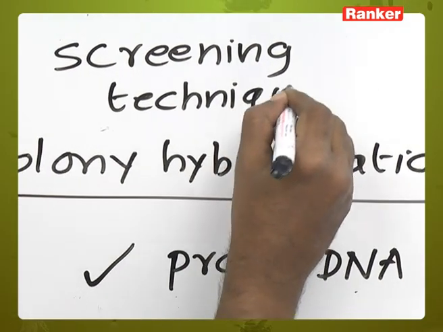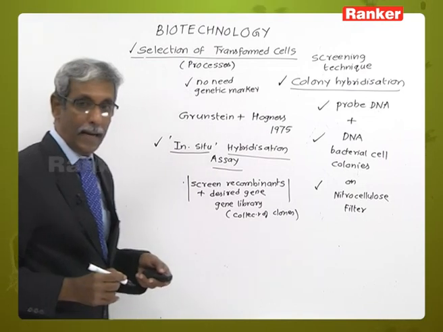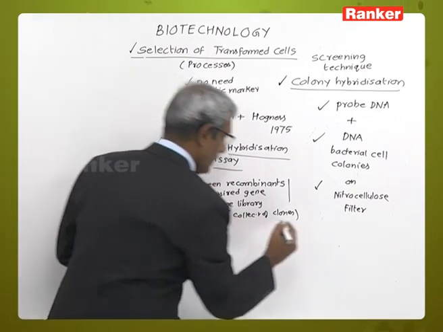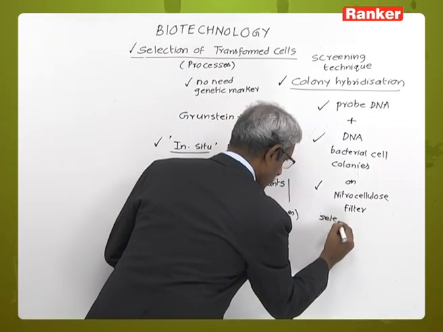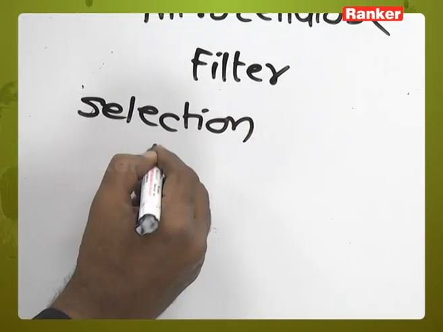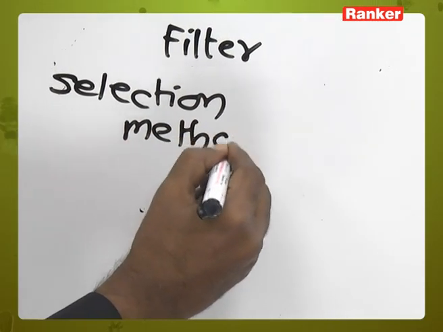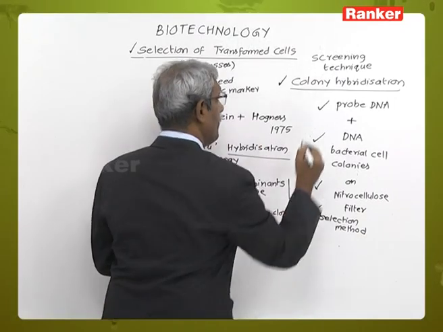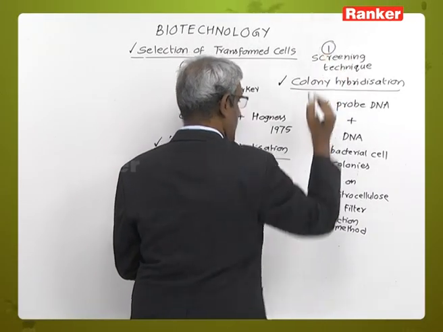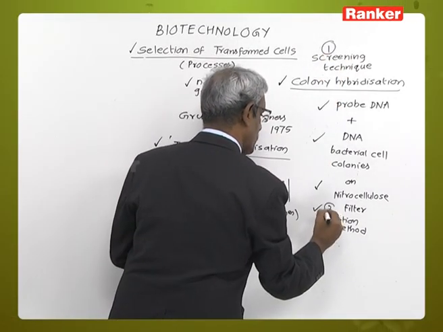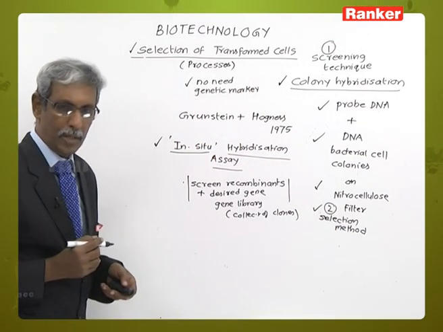Initially, it is a screening technique and then a selection method. Though it is also termed as a selection method, the term selection method is secondary, whereas primarily it is a screening technique and later on it becomes a selection method.